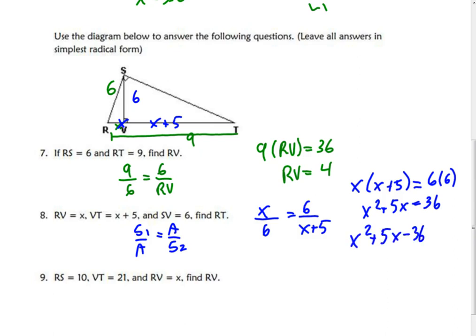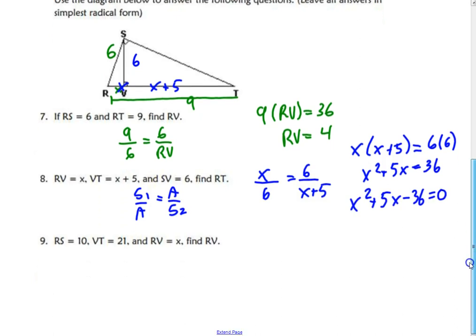So if we subtract 36, if you're a quadratic formula person, A is 1, B is 5, C is negative 36. If you're a factoring person, this is a special case since A is 1, and we're looking for what multiplies to be negative 36 and adds to be positive 5. So that would be x plus 9 times x minus 4 equals 0.